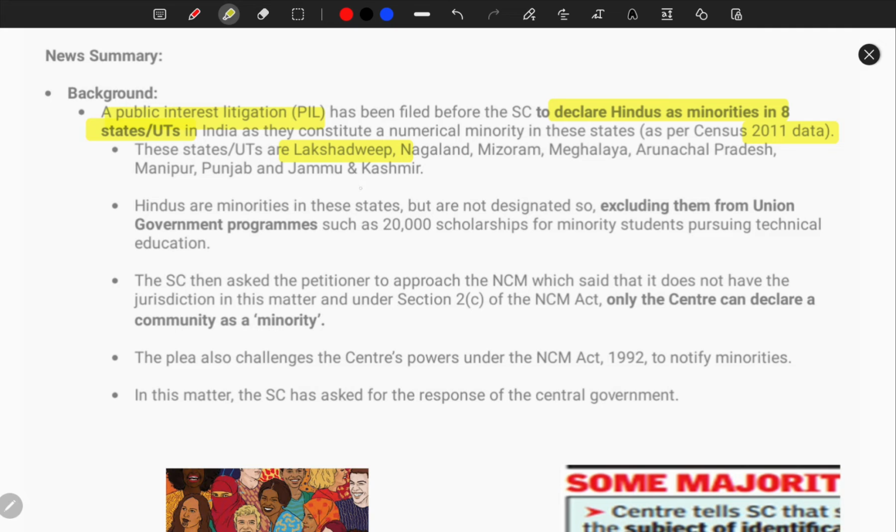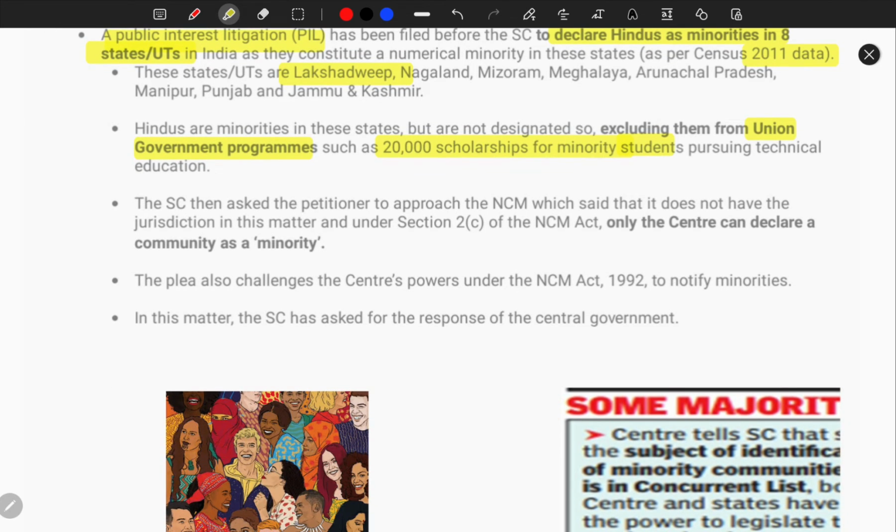So why consider them a minority? Because many union government programs benefit minorities, like scholarships for minority students. In these 8 states Hindus are a minority, but they don't get this benefit. So this has been raised in this PIL.